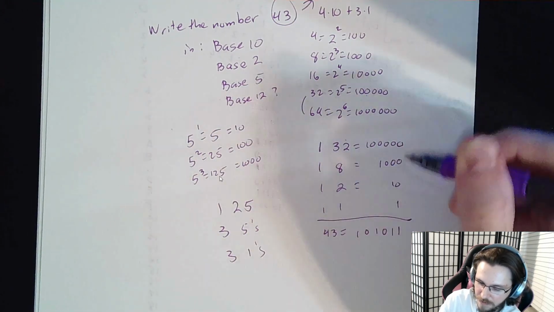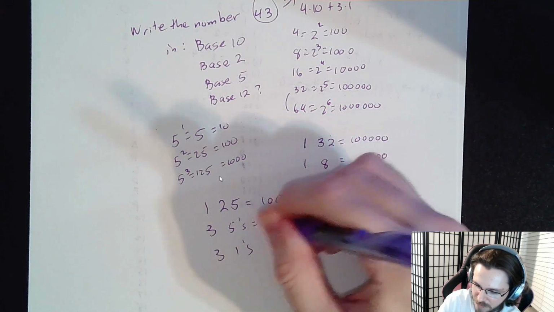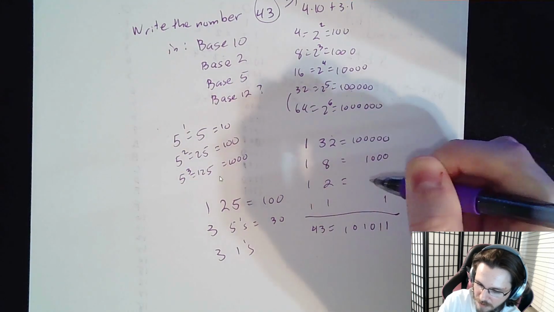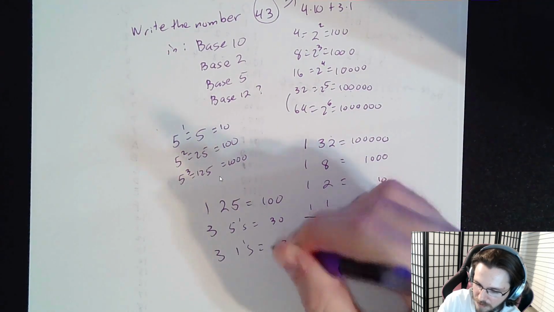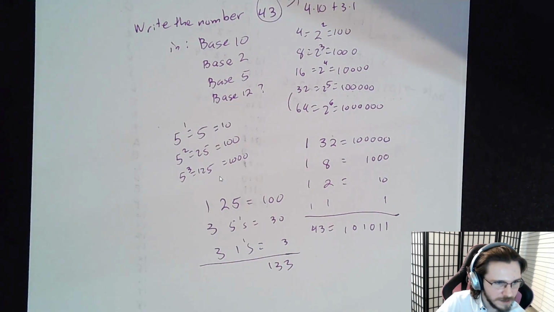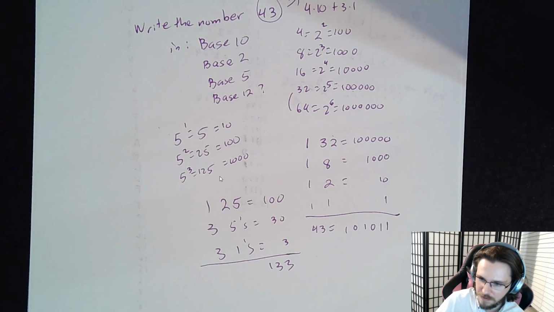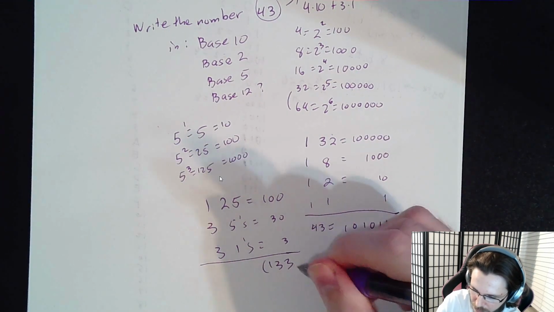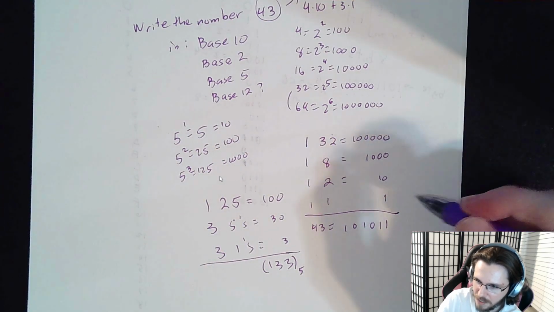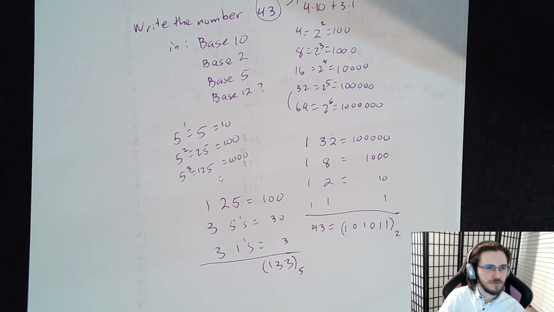We also have three 1s. So that 125 is 100. The three 5s is a 30, and the three 1s is a 3. 133 is our 43 in base 5. By the way, it's typically notated by putting parentheses around it and the number of the base like that. So like this one would be like this, with a little 2 down there, little parentheses, little 2.